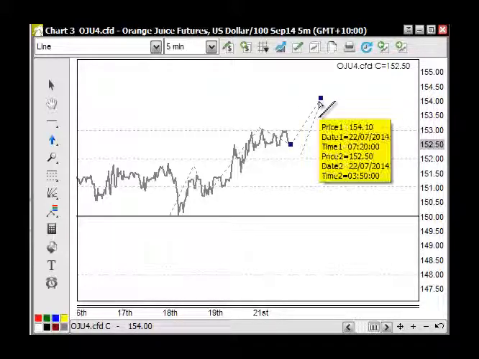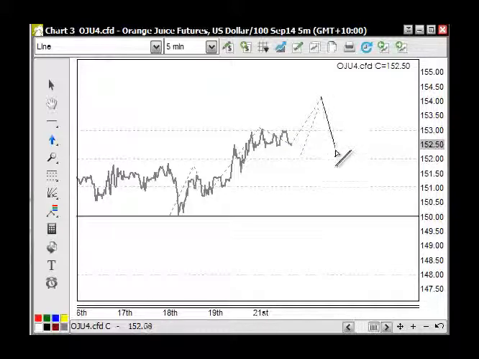Look, it doesn't really matter, but if this market eventually comes down and finds the pivot within group 1, 2, and 3 here as resistance, then you can get a small position here.